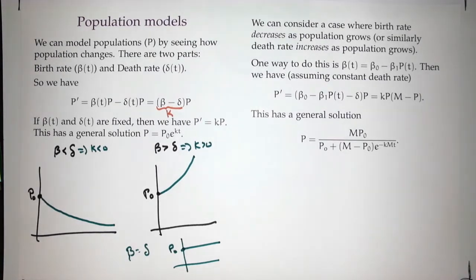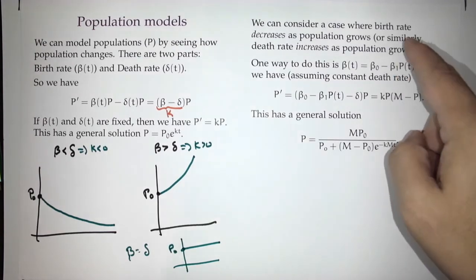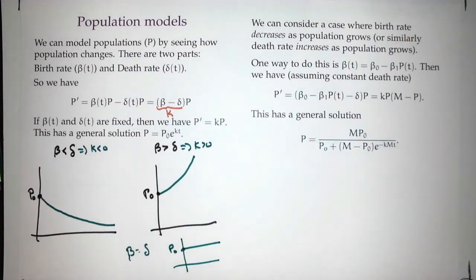Then we spice it up a little bit. Maybe things aren't always constant. It might be the case that the birth rate starts going down as population grows. People aren't encouraged to have kids, they're expensive, or something else is going on.